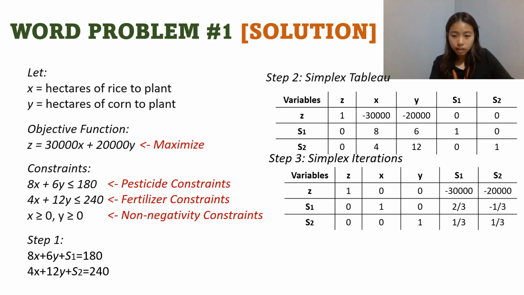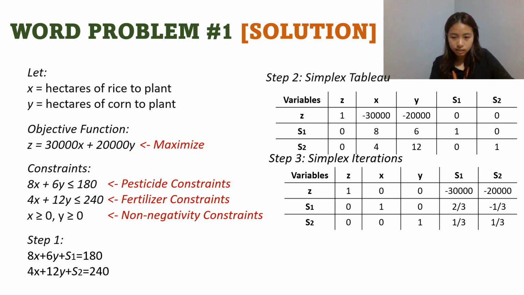In iteration 2, the pivot column is y and the pivot row is slack 2, because 10 is the smaller ratio.